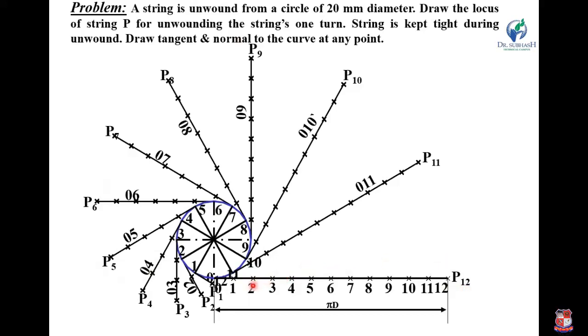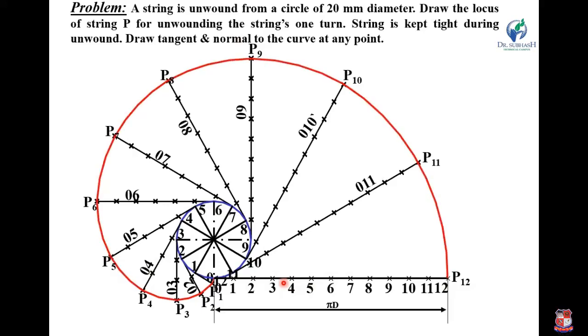Now we have to join all these points P1 to P12 by a smooth curve. This curve is known as the involute of this circle.